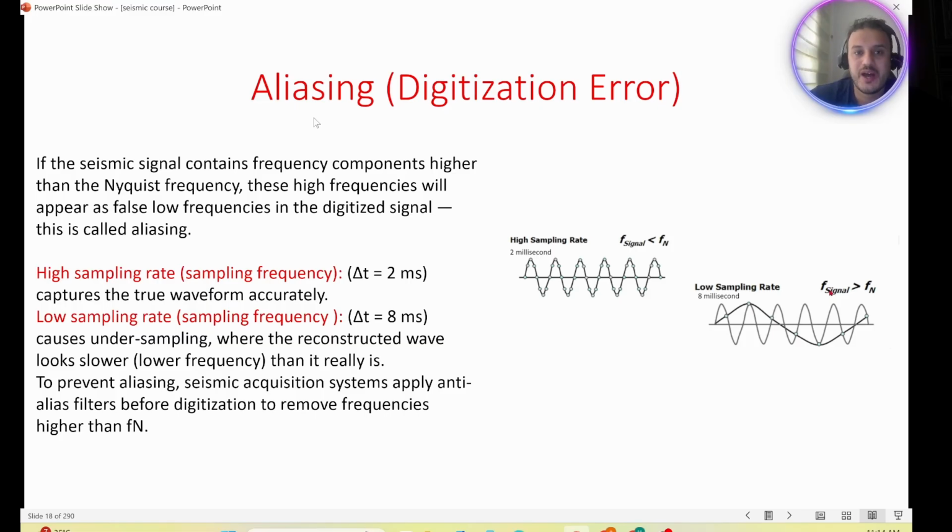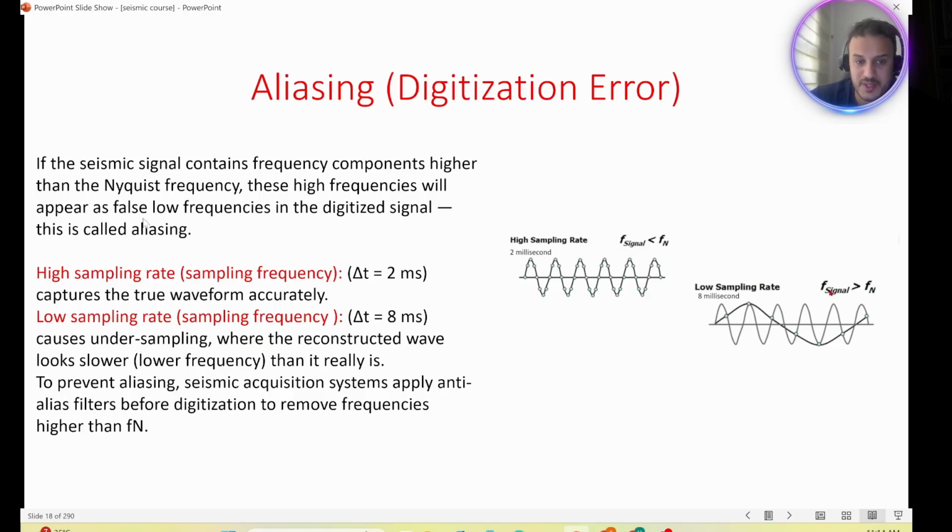So here we have aliasing, a digitizing error. What is aliasing? In seismic signals, if a frequency component is bigger than the Nyquist frequency, these high frequencies will appear as false low frequencies. In the digitized signal, this is called aliasing.